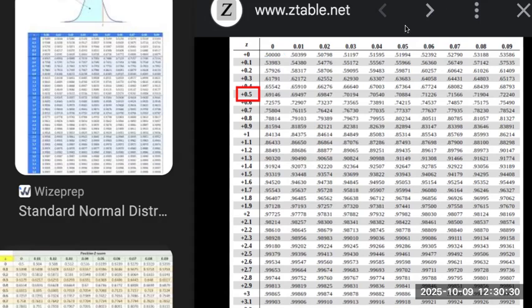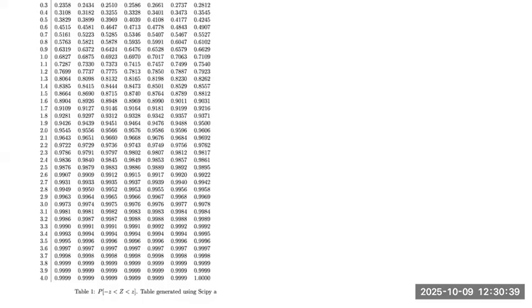But for our table back here, the probability is given from negative z to z. So this requires some modifications.